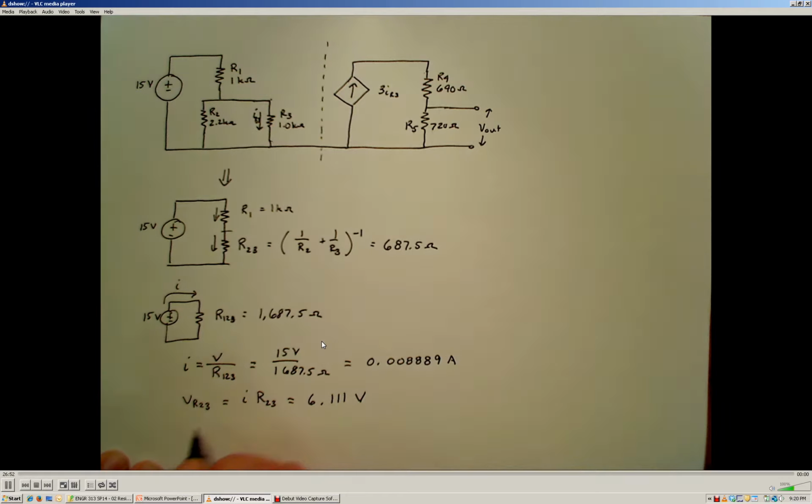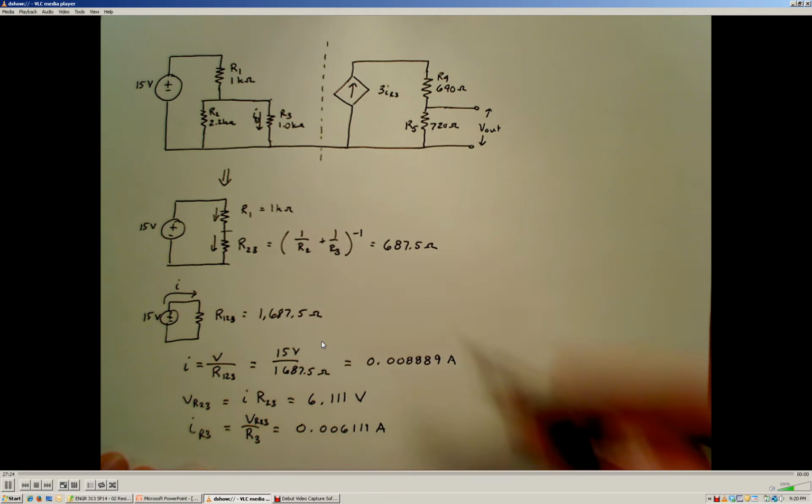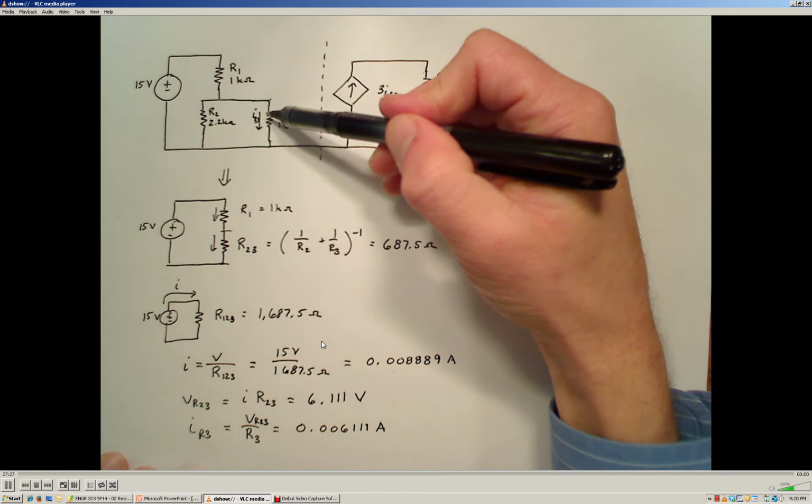Rearranging Ohm's law, the current through R3 is V over R3, the voltage across the R2,3 equivalent. So 6.11 volts divided by 1 kiloohm gives us a current value of 0.006111 repeating amps.